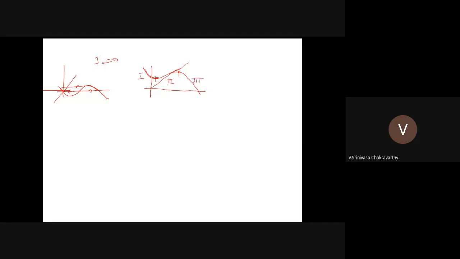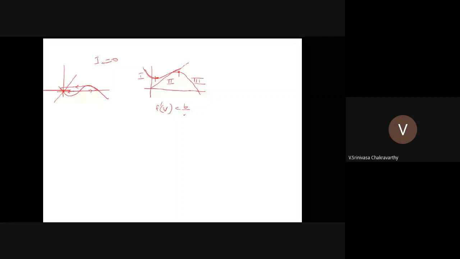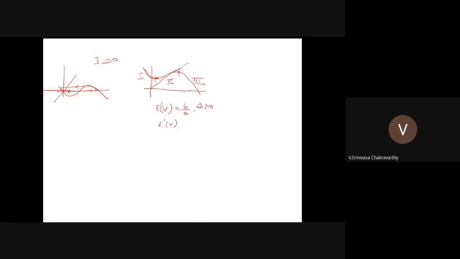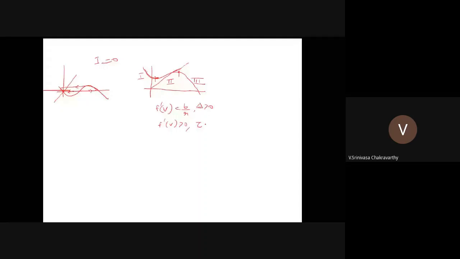Okay, if the intersection happens in the left branch, so we've seen that it all depends upon, if f prime of V is less than B by R, then the delta is positive, right, and if f prime is itself positive, then tau is also positive because tau is equal to this.